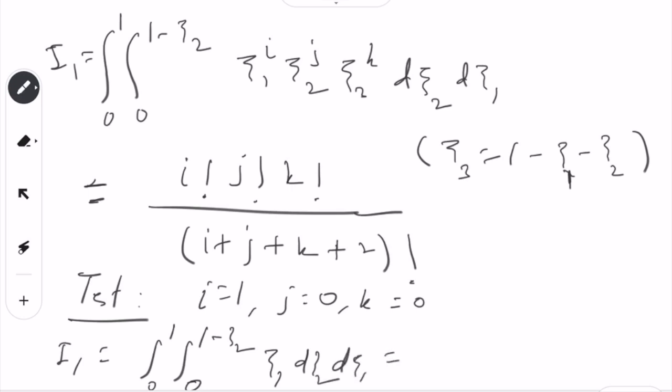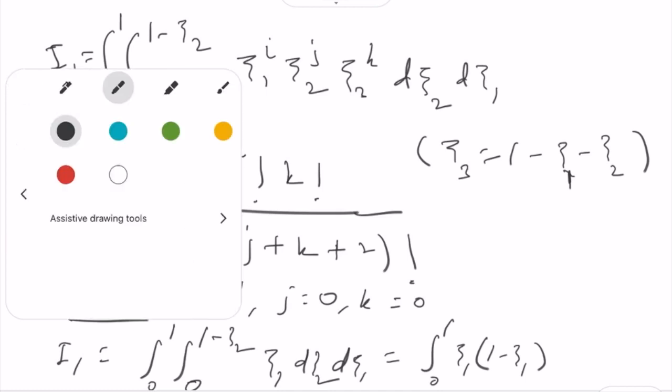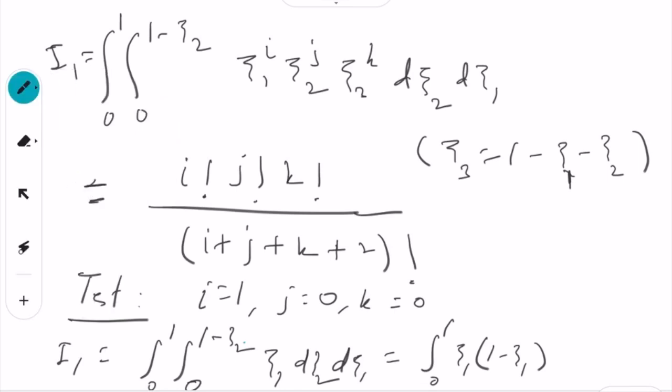Now we have to integrate this one only, so we get simply the integral from 0 to 1 of xi1 times (1 minus xi1), sorry, this should be not xi2 but xi1, d xi1.